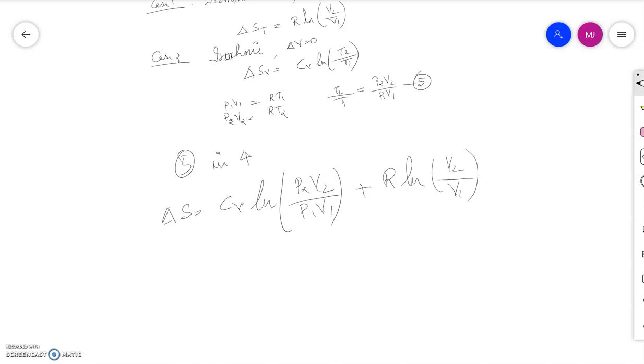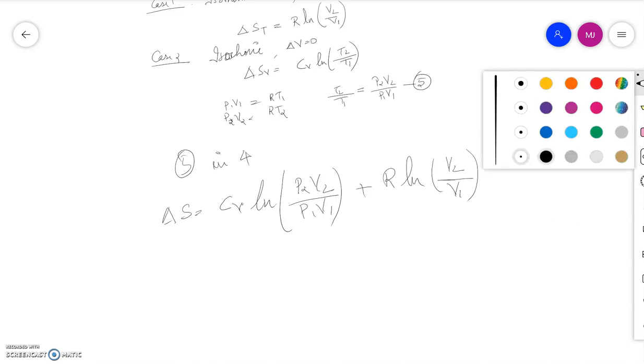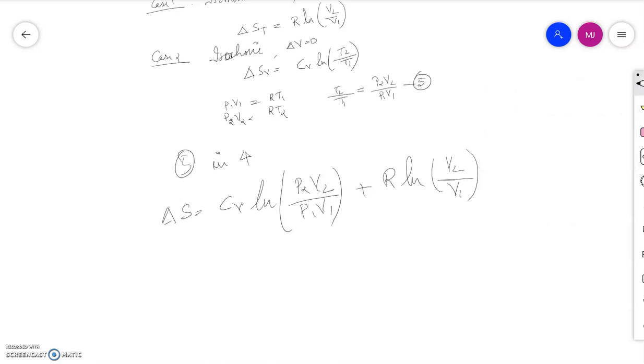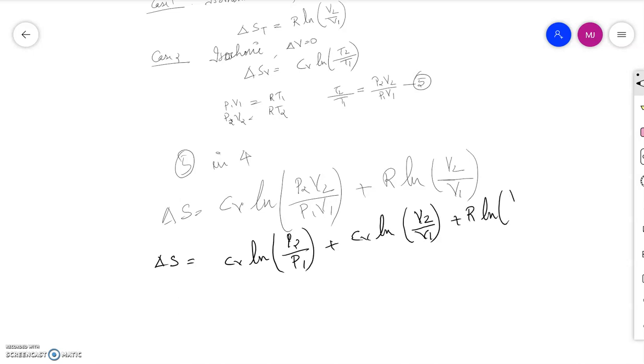Or we can group the volume terms together, so the equation becomes delta S that is equal to Cv ln P2 by P1 plus Cv ln V2 by V1 plus R ln V2 by V1.